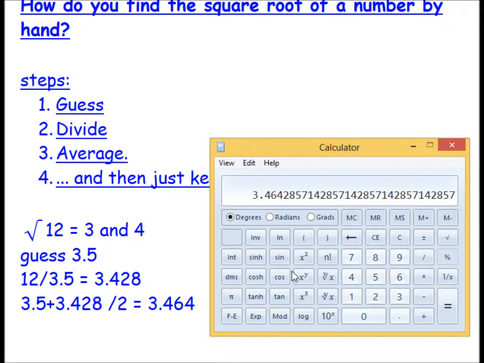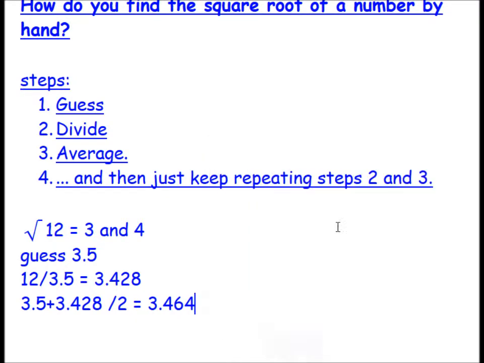Then we have to square this number. 3.464 multiplied by 3.464 gives us 11.999, which is very close to 12.